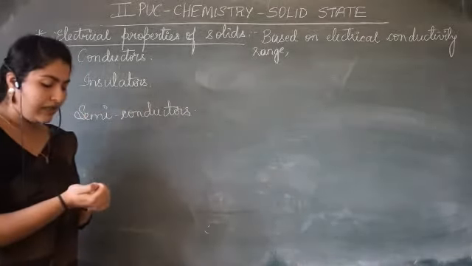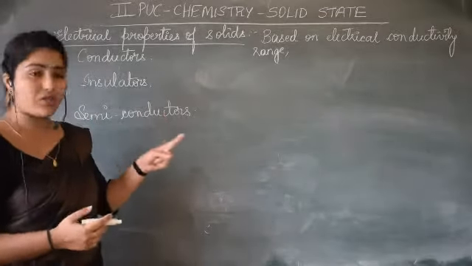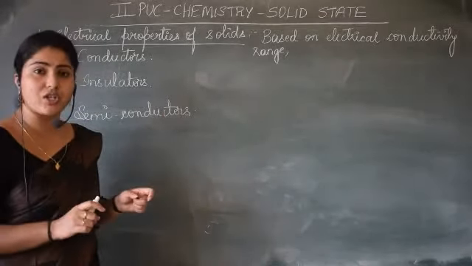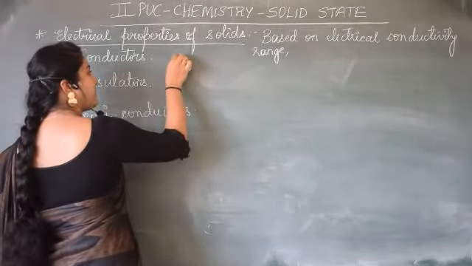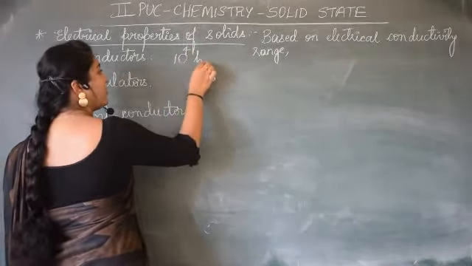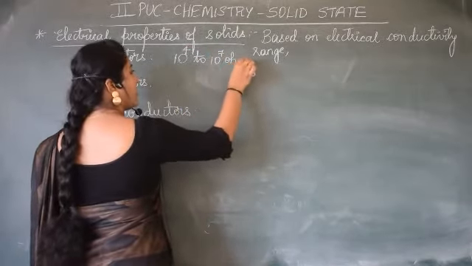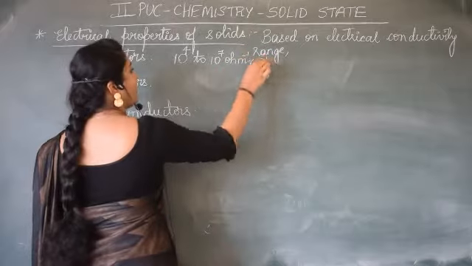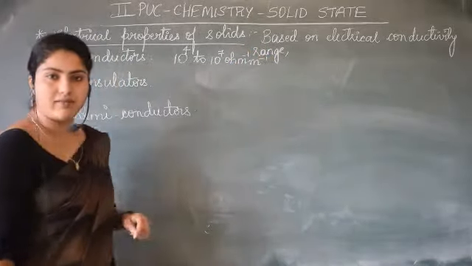Now here, if the metals show an electrical conductivity range between 10^4 to 10^7 ohm inverse meter inverse, this ohm inverse meter inverse is the unit for electrical conductivity.